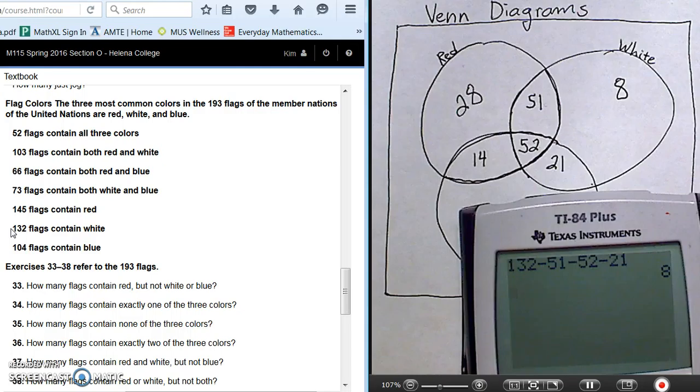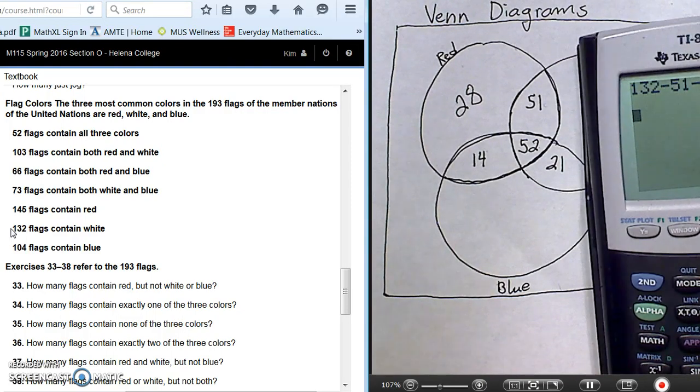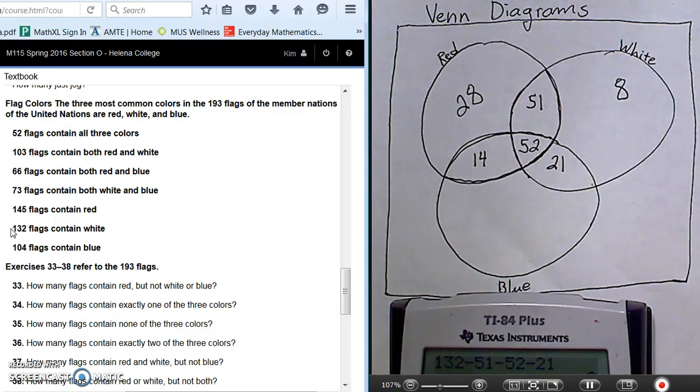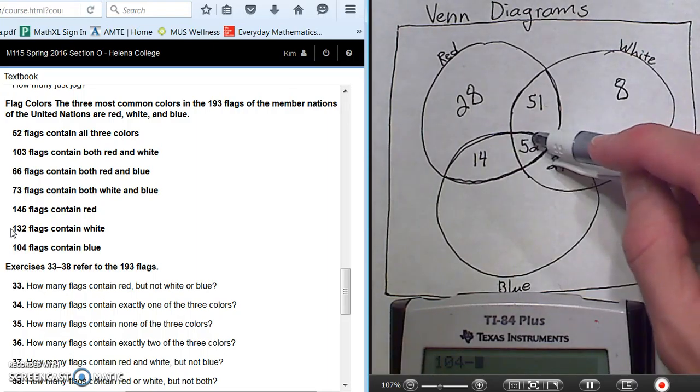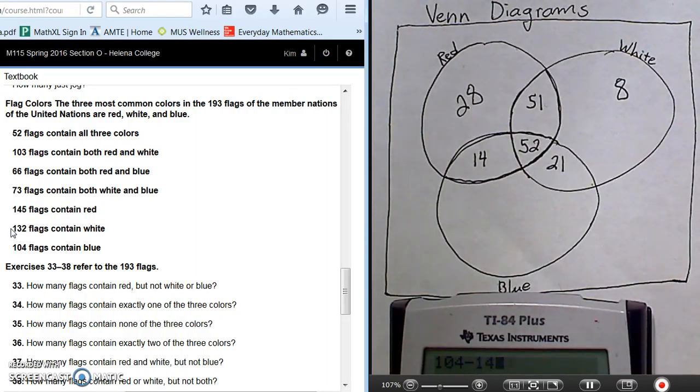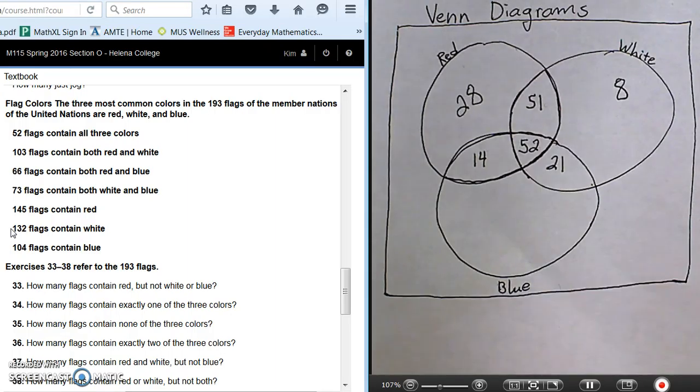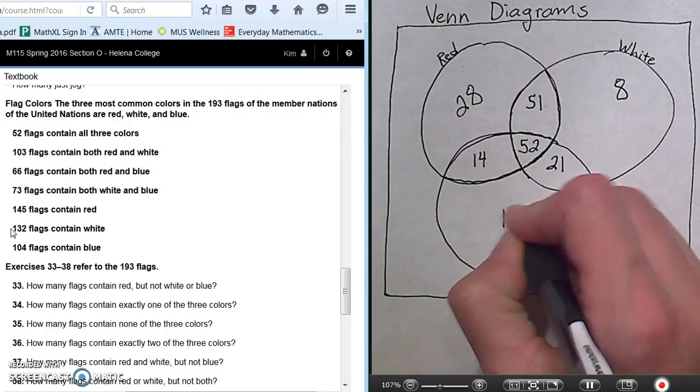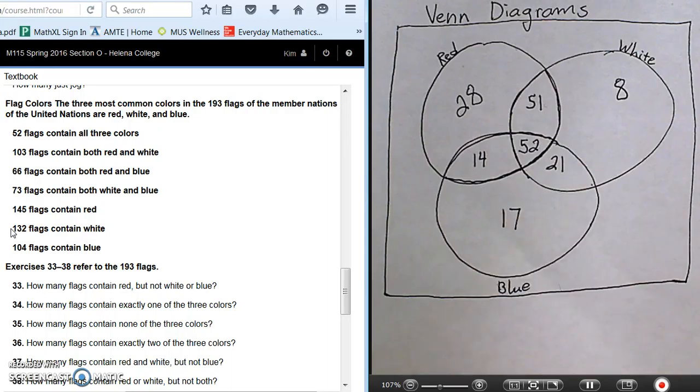Then for the blue circle, there's a total of 104 flags that contain blue. 104 take away 14, 52, and 21 is 17. There's 17 flags with just blue. Now altogether there are 193 flags.